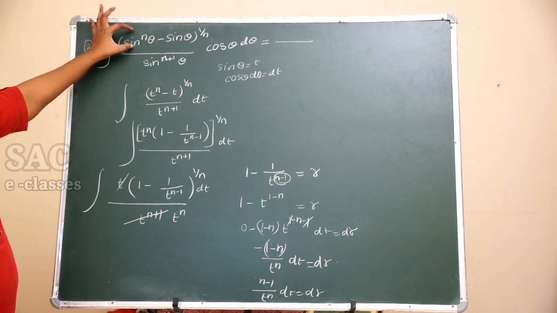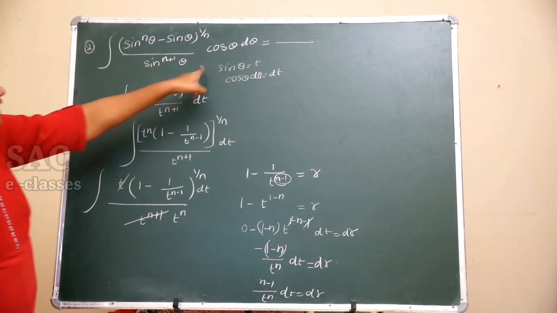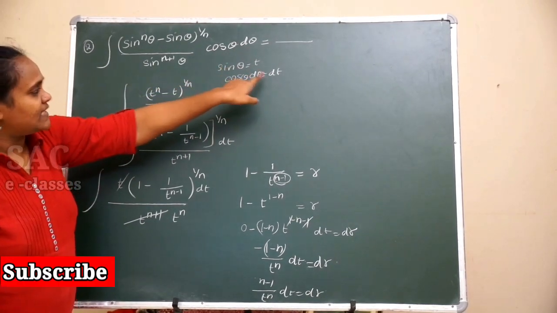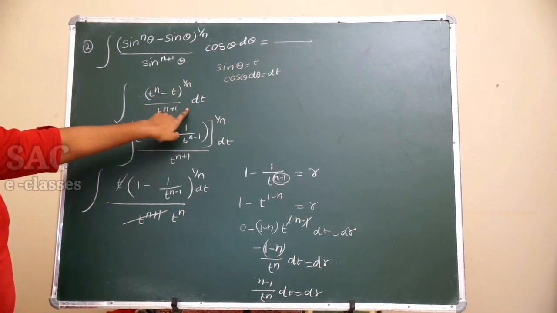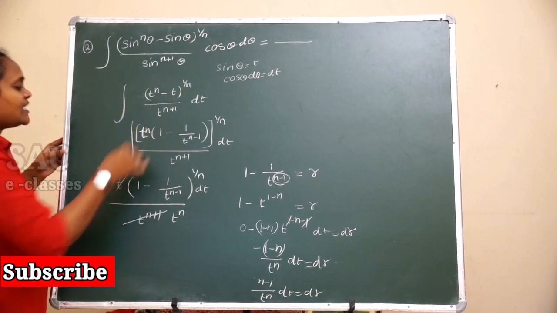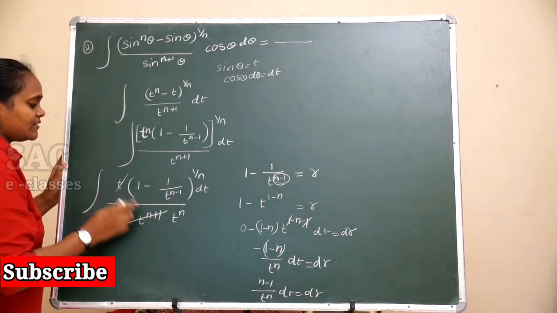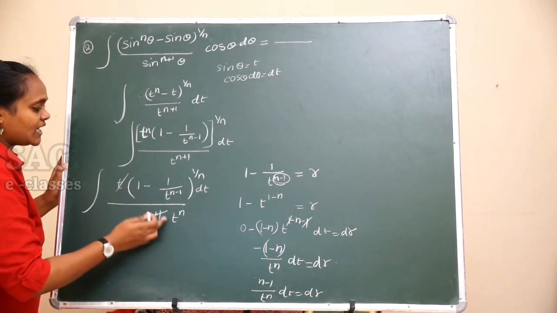Simply I have taken sin θ as some t. I got cos θ dθ, and I have eliminated cos θ dθ by substituting dt. Later I have taken t^n as common, but (t^n)^(1/n) is t. I have simplified and got it this way.